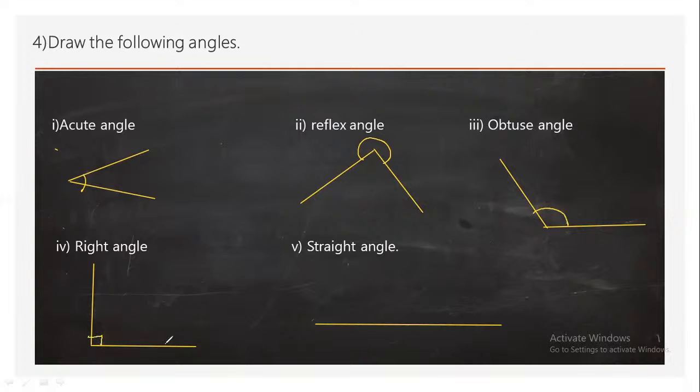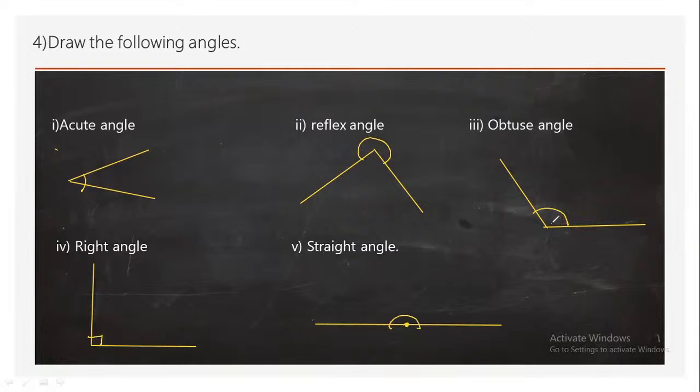Right angle, angle is 90. Straight angle is 180. Acute angle is less than 90. Reflex angle is greater than 180. Then straight is 180 angle. Right angle, angle is exactly 90.